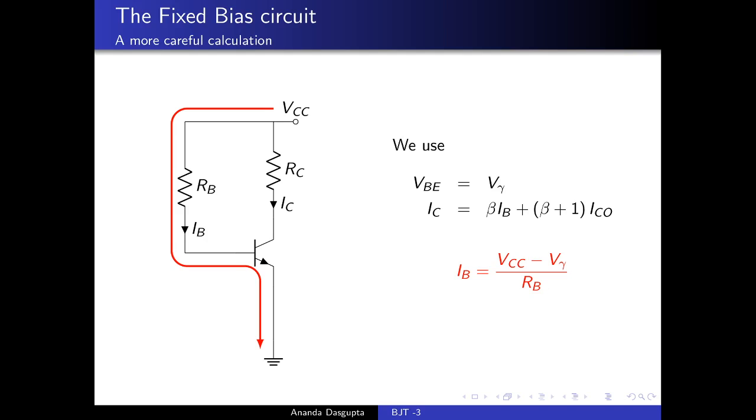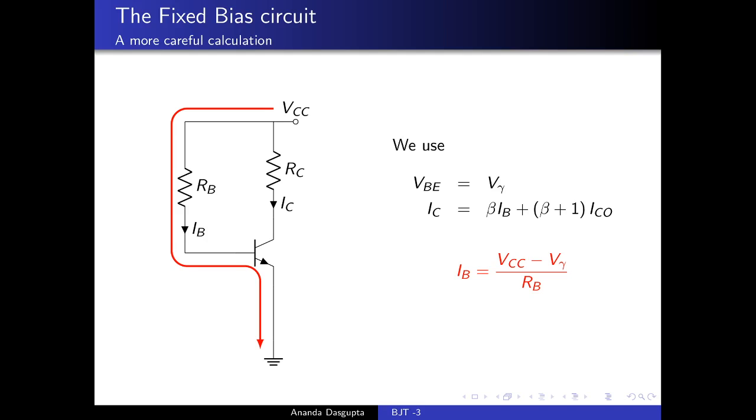Notice that in this circuit, the value of the base current is sort of fixed by the passive parameters VCC and RB. These are parameters which are controlled from outside. They don't depend on the transistor. And they are much easier to control and keep fixed.